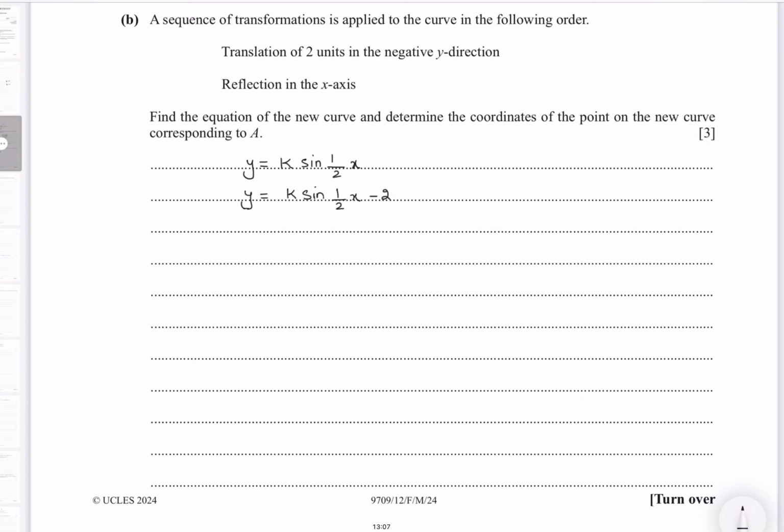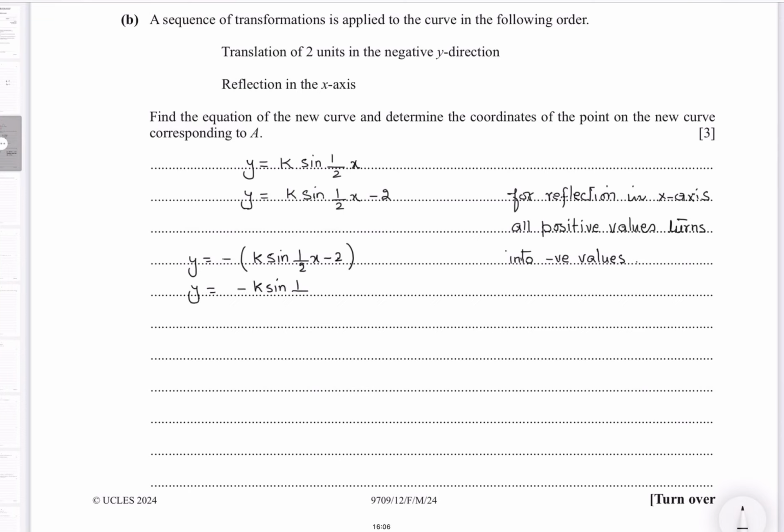Now reflection in the x-axis means all positive values turn into negative values. So we can write y equals minus, k sine of half x minus 2. Now simplify it. So y is equal to minus k sine of half x plus 2, or you can write 2 first: 2 minus k sine of half x.